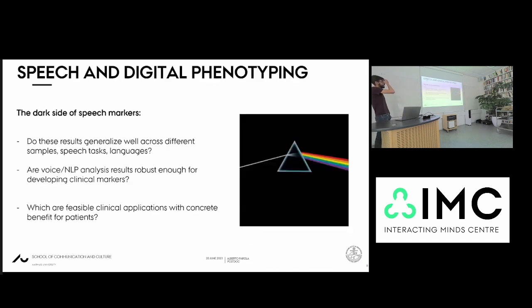And so I would say, after the meta-analysis, we ended up with more doubts and questions than established findings. So we found what I used to call the dark side of speech markers: even if all the papers were showcasing the potential of this technology, in fact we have no concrete clinical application because of this problem.